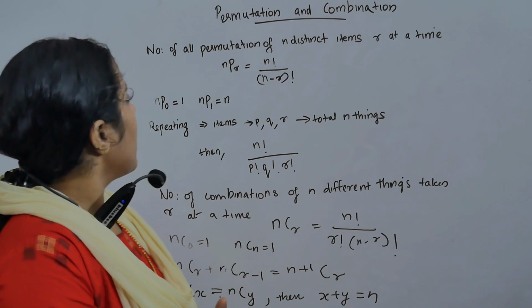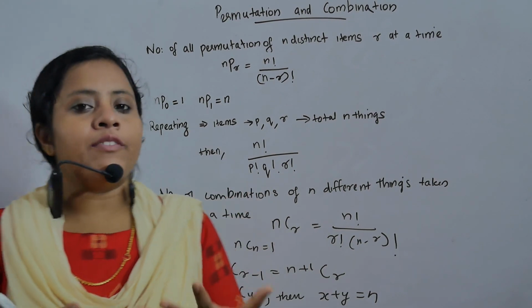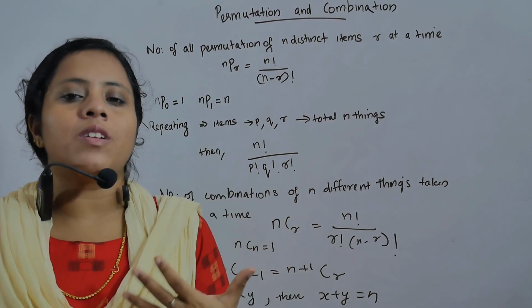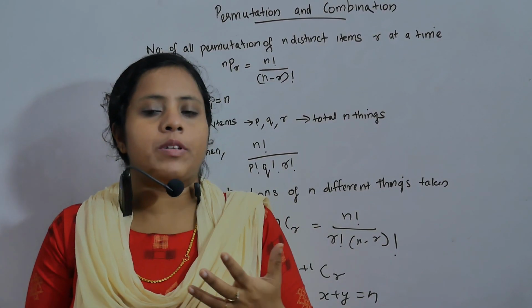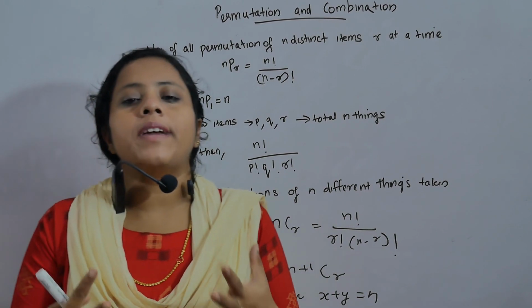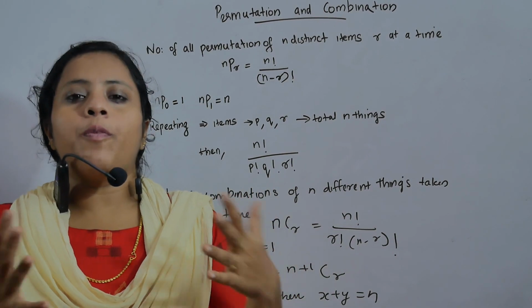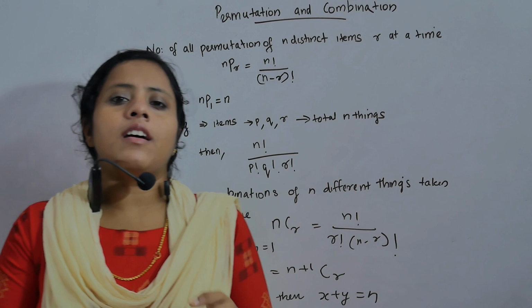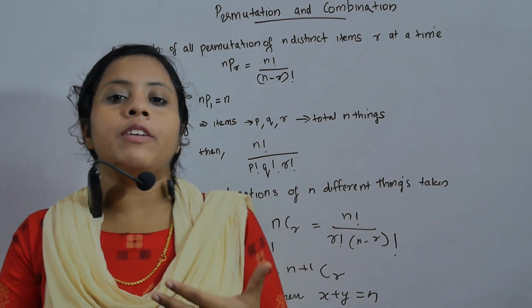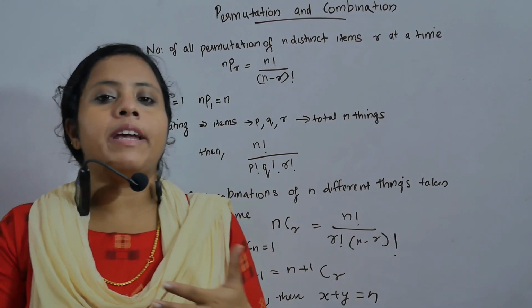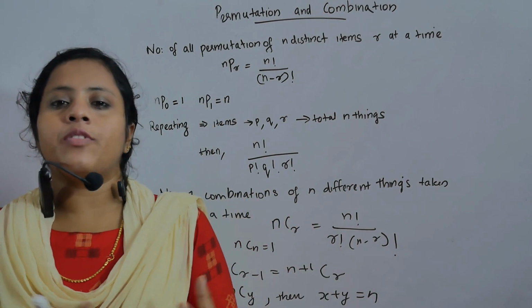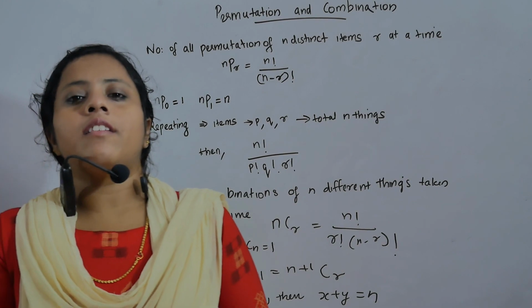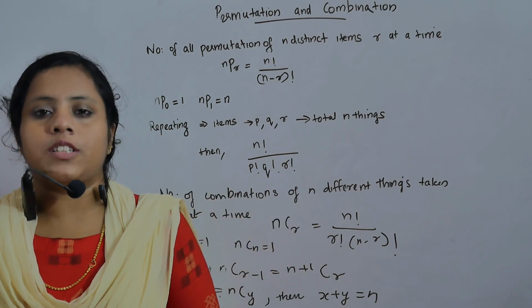First thing, when do we use permutation and combination, or what is the application of this chapter? Suppose we have a group of letters and we need to make words with that. In how many ways can we rearrange them? We can find that using permutation.